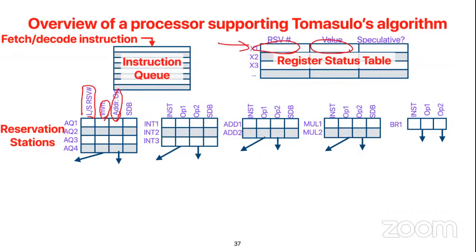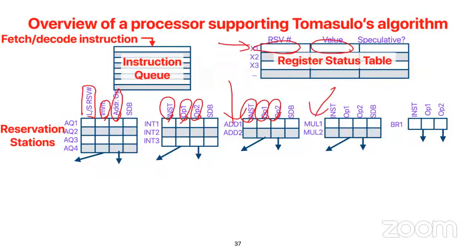For an integer instruction, it also tells you what kind of instruction it is, what's operand one, and what's operand two. And the same thing for other instructions like add or mul. This add here is the floating point add, and this mul is the floating point mul.